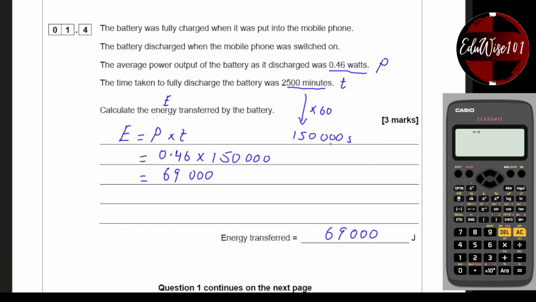So 1 mark for the conversion, 1 mark for the substitution, 1 mark for the correct answer, or you get 3 marks for the correct answer without showing any working. But I would always recommend that you show the working. Next question.